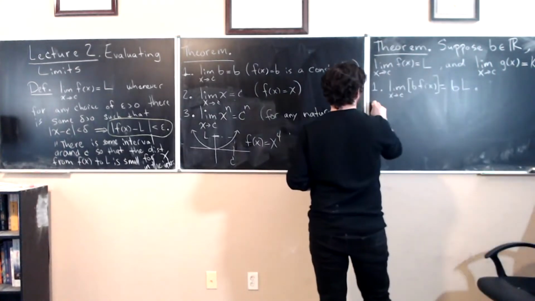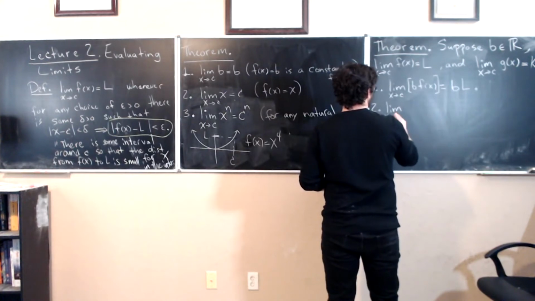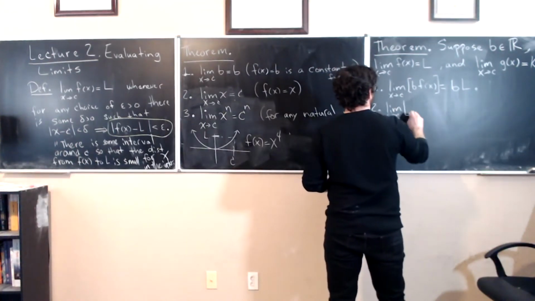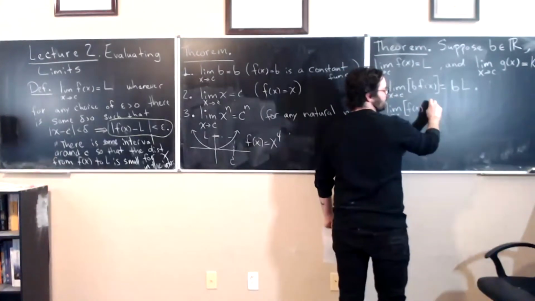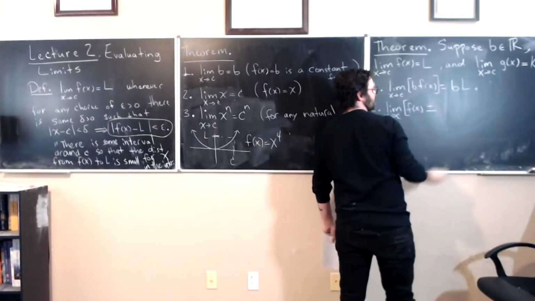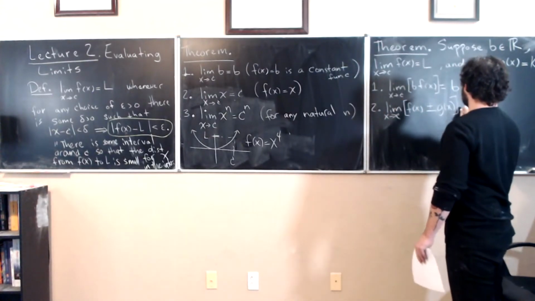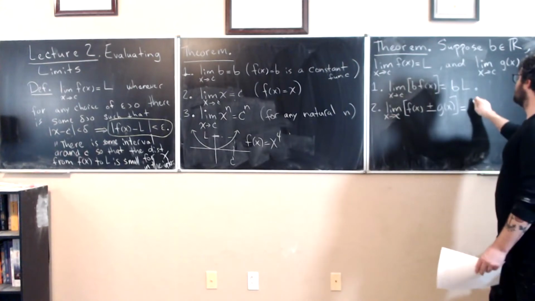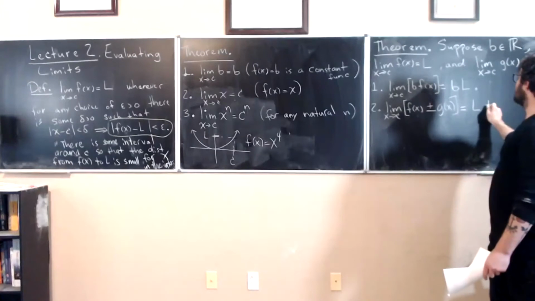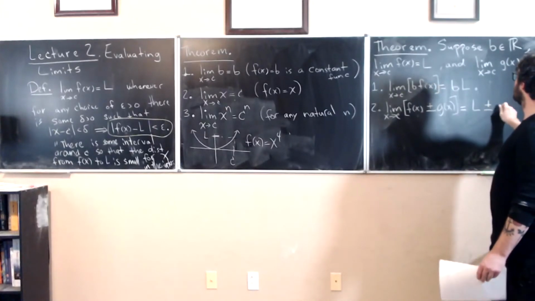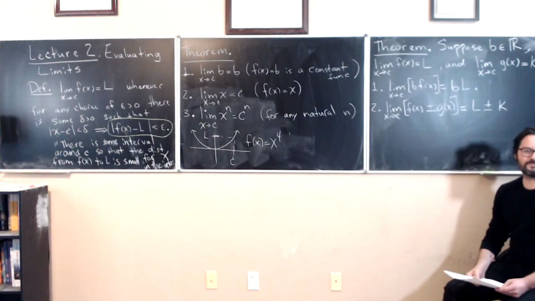Next up, we have the limit as x approaches c of f of x either plus or minus g of x is equal to the limit of the first function plus or minus, respectively, the limit of the second function.